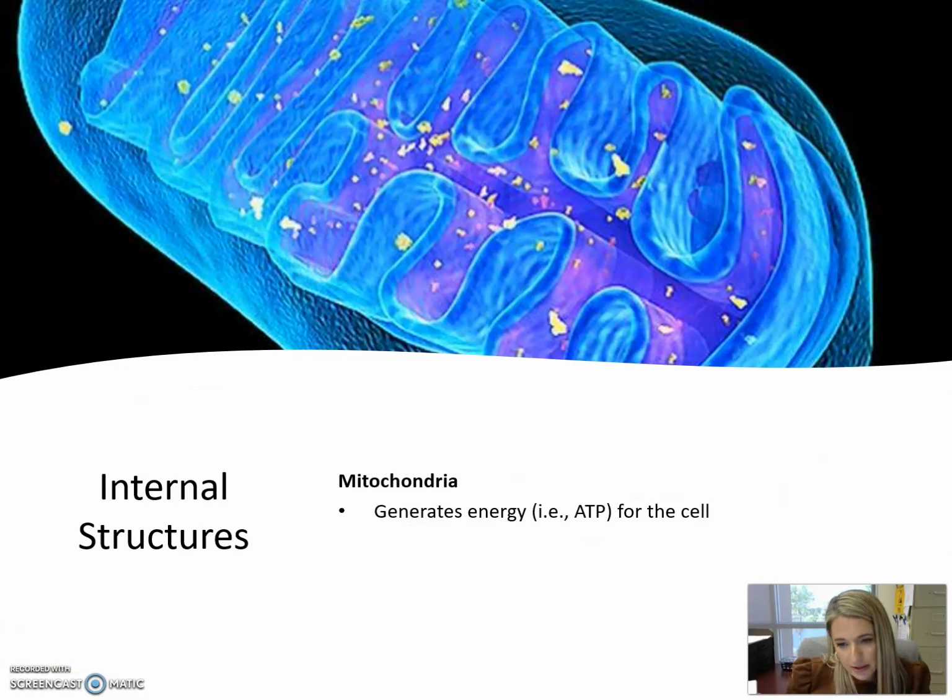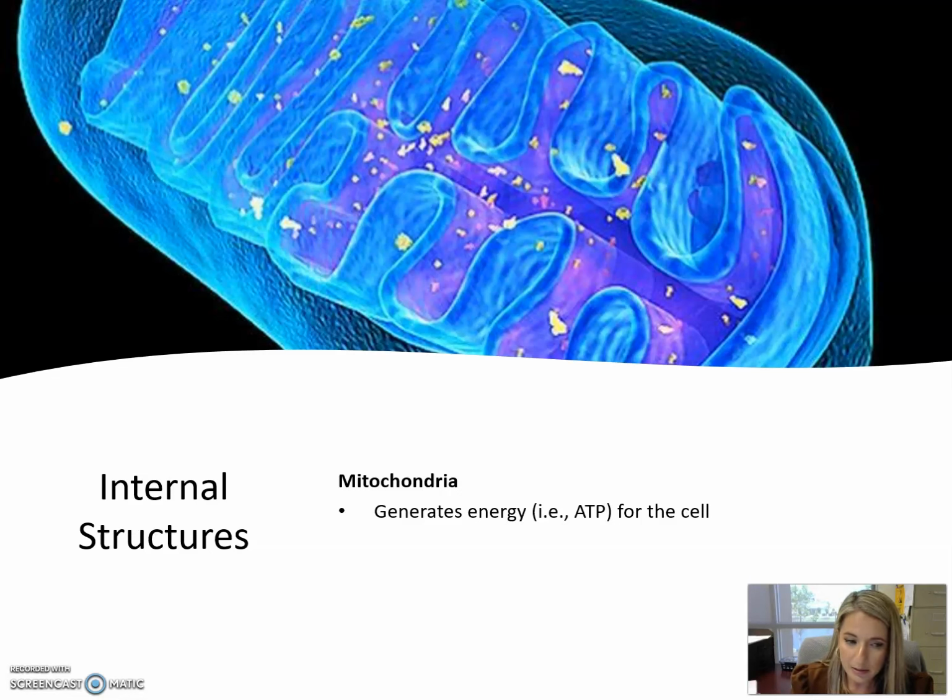The only thing that you really need to know with mitochondria for eukaryotic cells is that, again, they are the powerhouse of the cell. I'm sure you've been hearing this for quite some time. The mitochondria is where ATP is generated. I think most of us already knew that. One thing I do want you to remember, though, only eukaryotic cells have mitochondria. Prokaryotic cells, such as bacteria, do not have mitochondria.